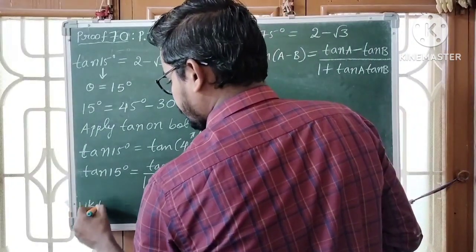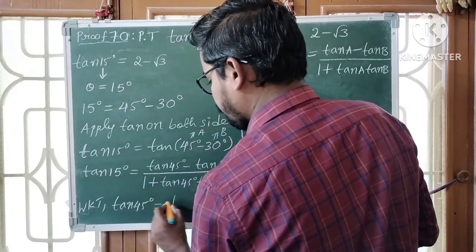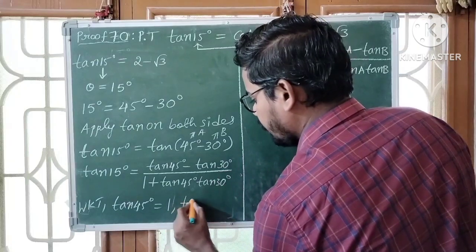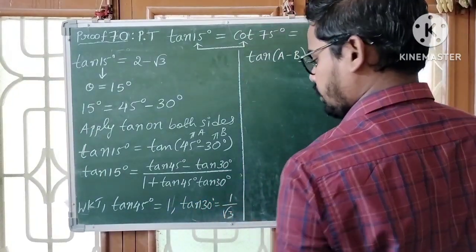We know that tan 45 degrees is 1. Tan 30 degrees is equal to 1 by root 3.